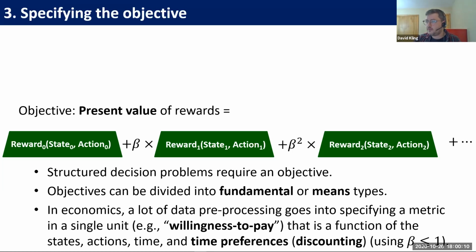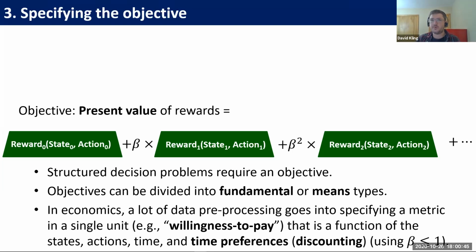And then to complete this present value calculation, it's not enough just to measure these rewards, but you also need to have information about time preferences. And that's what I got started talking about with these beta terms. So these are discount factors, hopefully people can see my mouse hovering, that are going to be less than 1. And the idea here is that all else being equal, most of us would prefer $1 today versus $1 10 years from now, right?